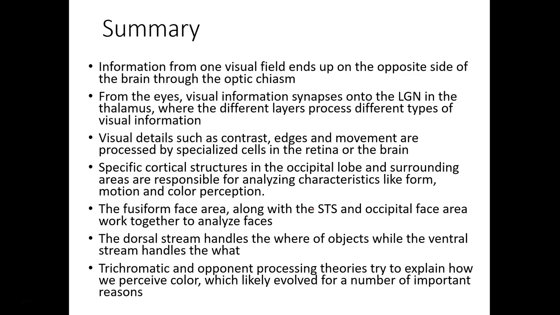Fusiform face area along with the STS and occipital face area work together to analyze faces, allowing us to recognize our brother, sister, friend, or mother. The dorsal stream handles the where of objects, while the ventral stream handles the what. And lastly, the trichromatic and opponent processing theories try to explain how we perceive color, which likely evolved for a number of important reasons, including being able to tell ripened fruit from unripened fruit.